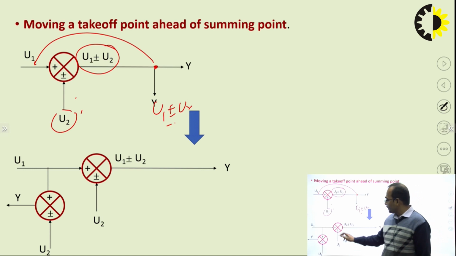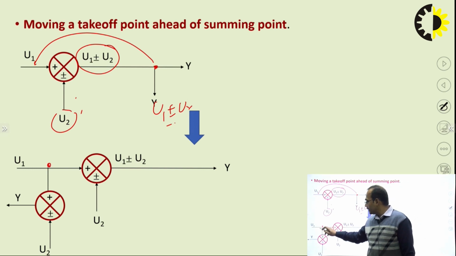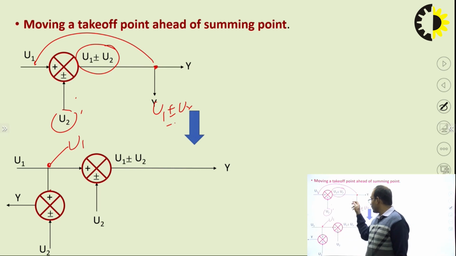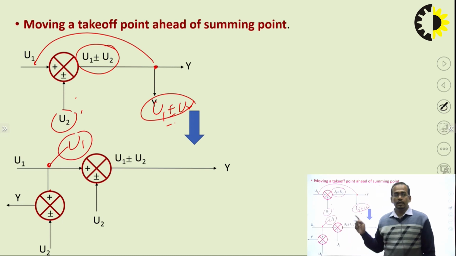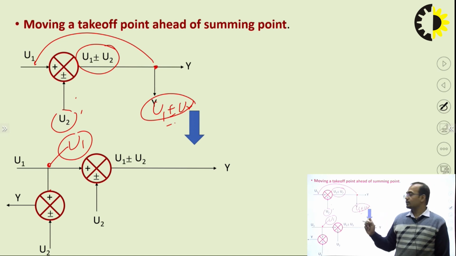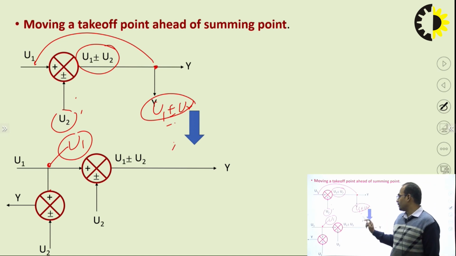Without this summing point, the output is u1. Now the output from the previous system is u1 plus minus u2. So for maintaining this output u1 plus minus u2, we have to add this u2 with this u1. Then you will get the desired output.